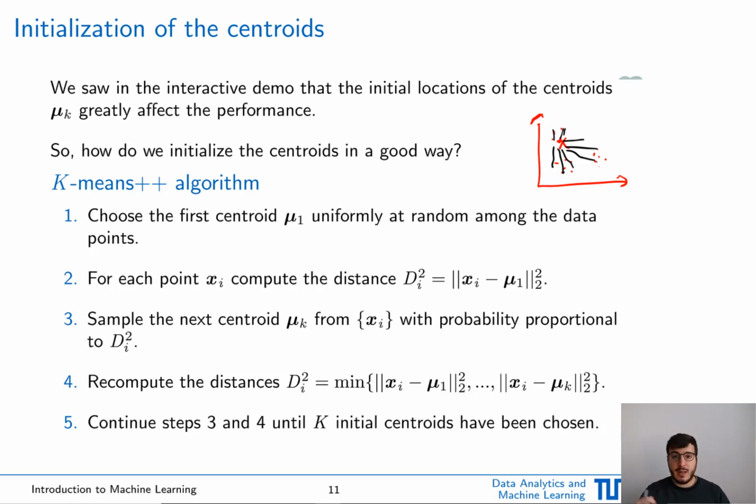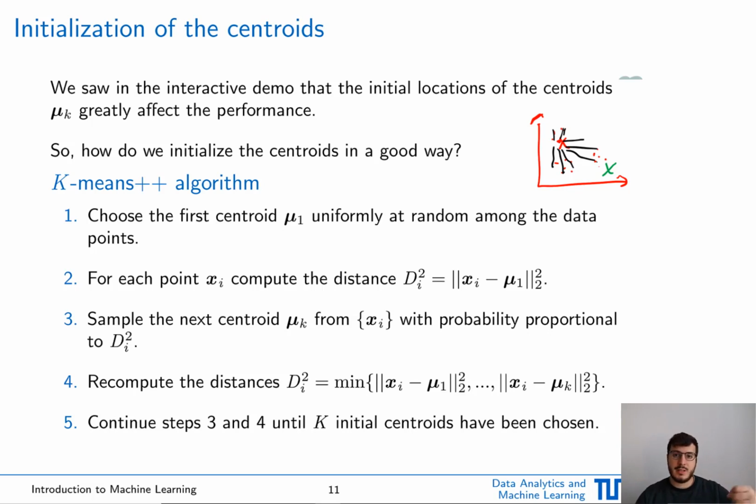So the further the data point is from the first centroid, the more likely it is to get chosen as the second centroid. Of all the data points, we give higher weight to those that are further apart. Let's say that after this sampling step, the second centroid will be somewhere over here.